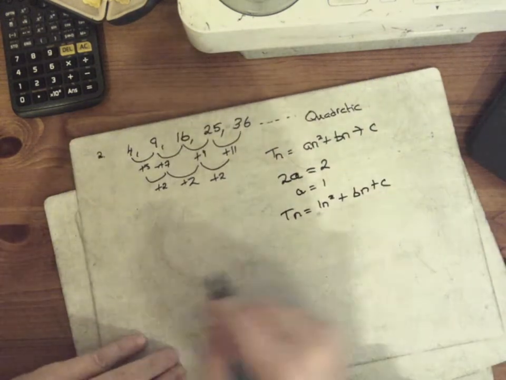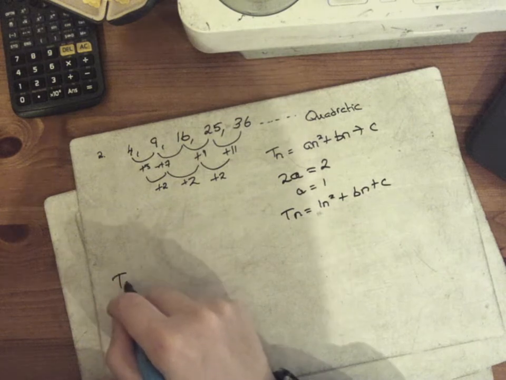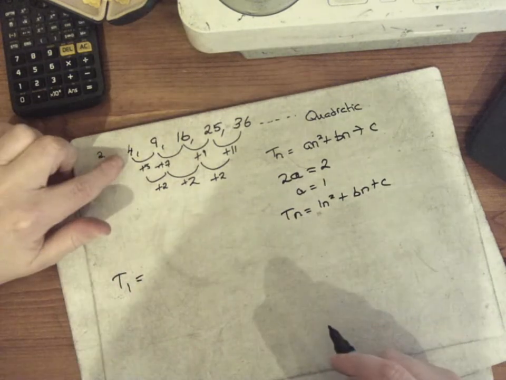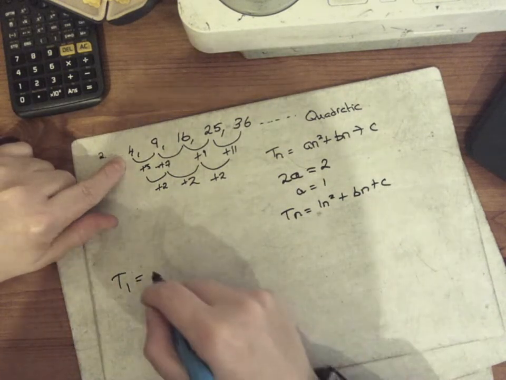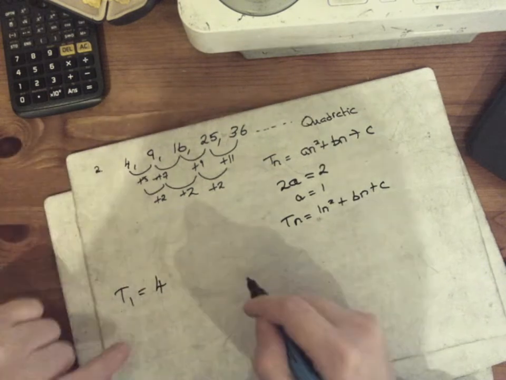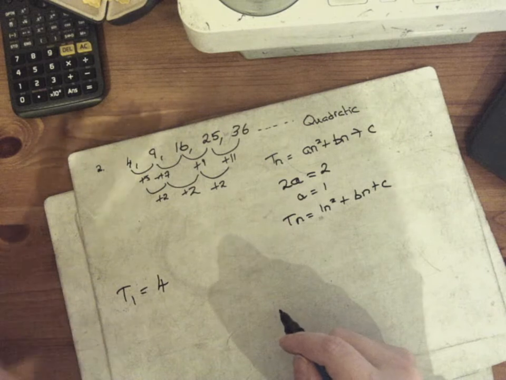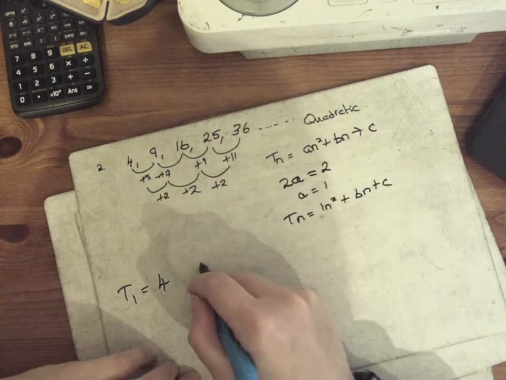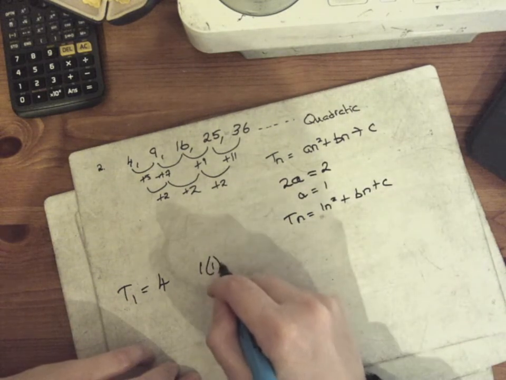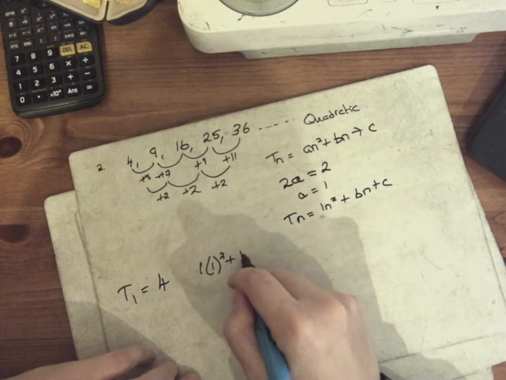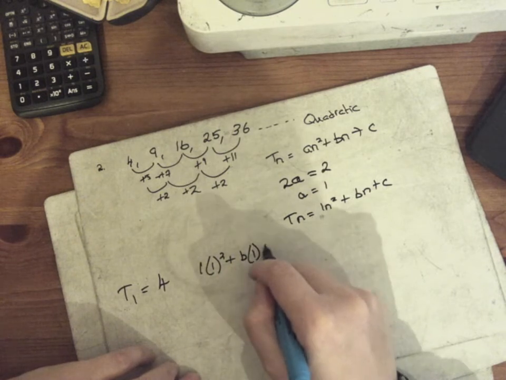So you do this by taking term number 1. Now term number 1 is the first term in the sequence, which in this sequence is 4. So n is 1. It's the first term. So everywhere I put an n, I put in a 1. So it's 1 times 1 squared plus b times 1 plus c.